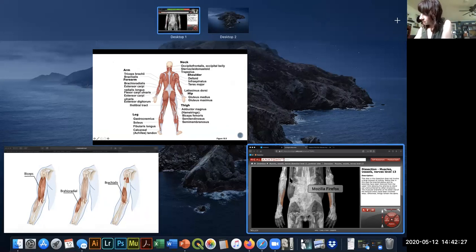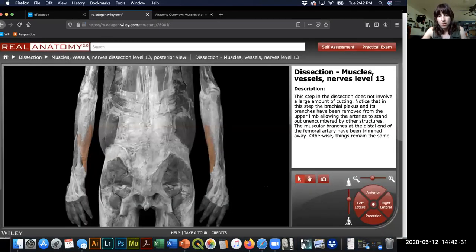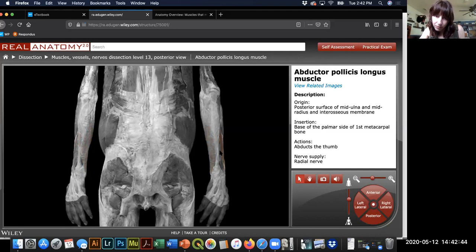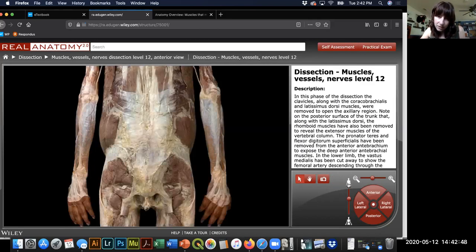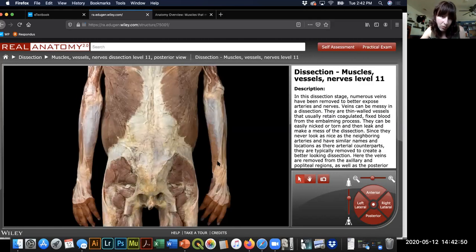Let me make sure that I have a posterior view over here. Okay. All right. So the extensor, what I'm not sure about is whether I'm going to be able to see these guys with that fascia in the way.